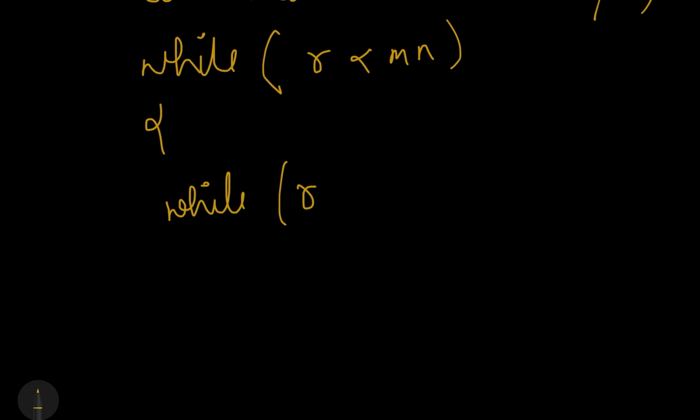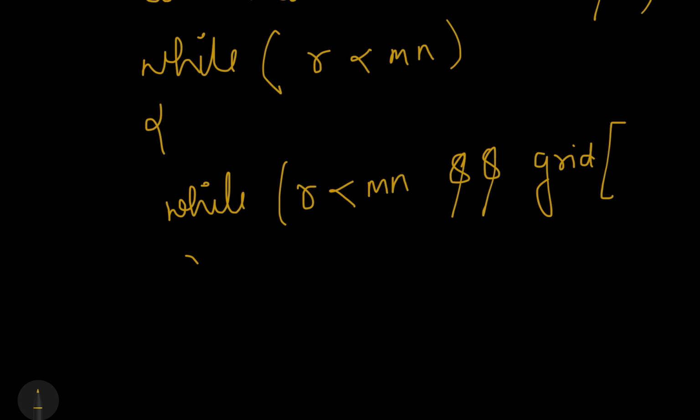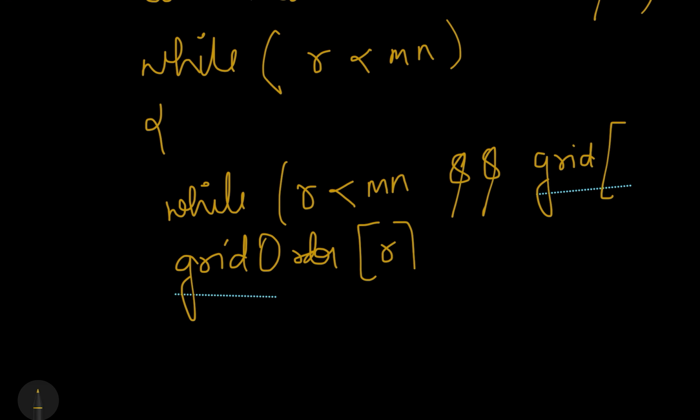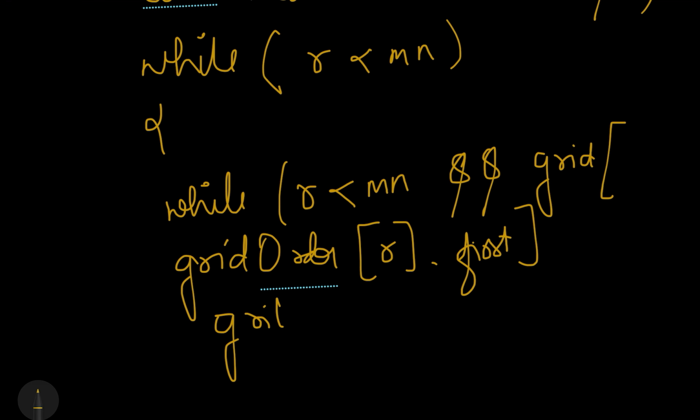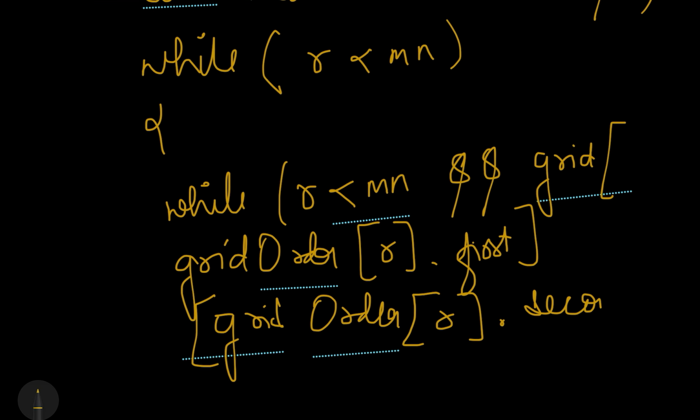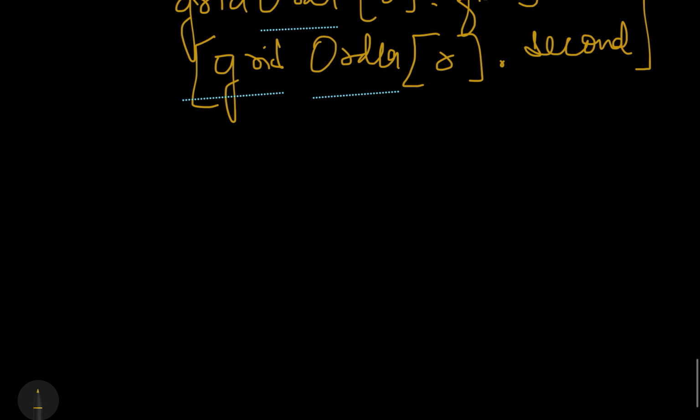While r is greater than m, n, and our grid order of r dot first equals grid order of r dot second.